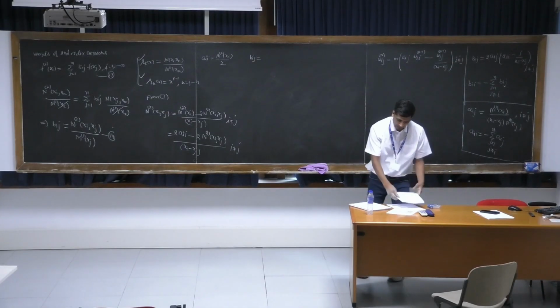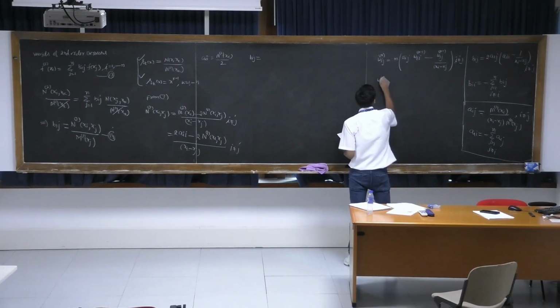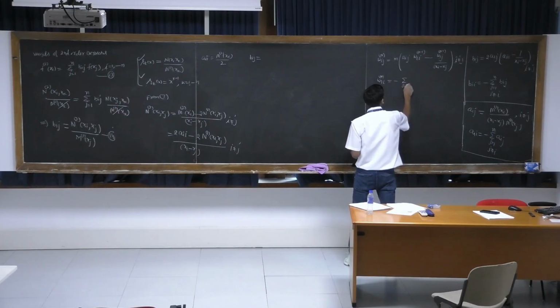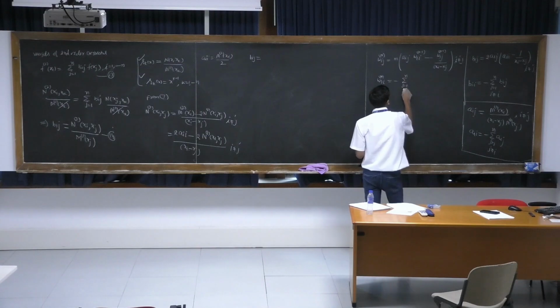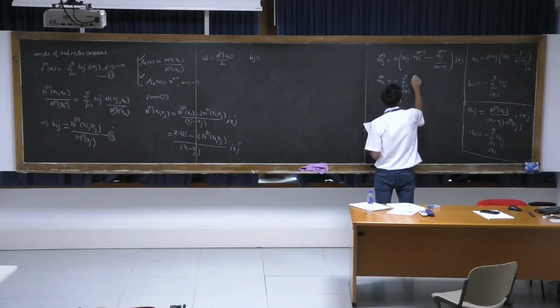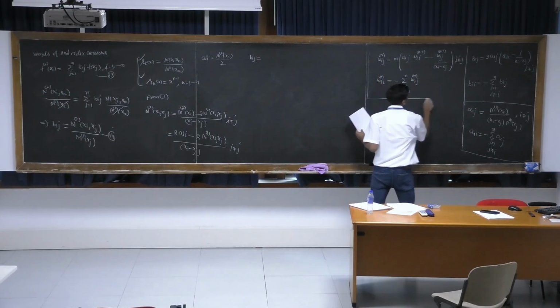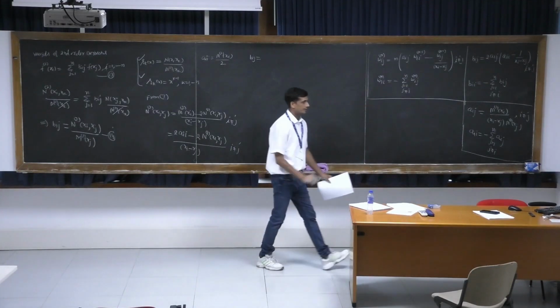And for i equal to j, Wii of m is equal to minus summation j equal to 1 to n, j not equal to i, of Wij of m.